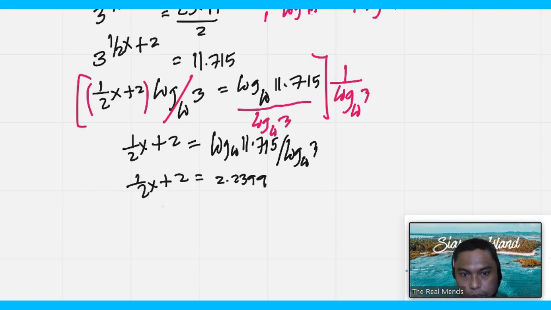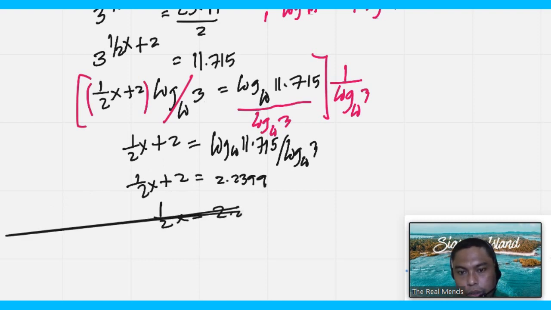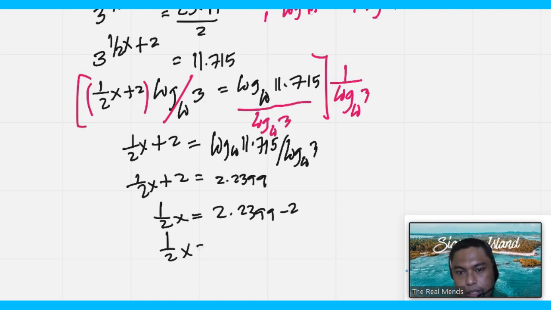So 1 half x is equal to 2.2399 minus 2, which is 0.2399.